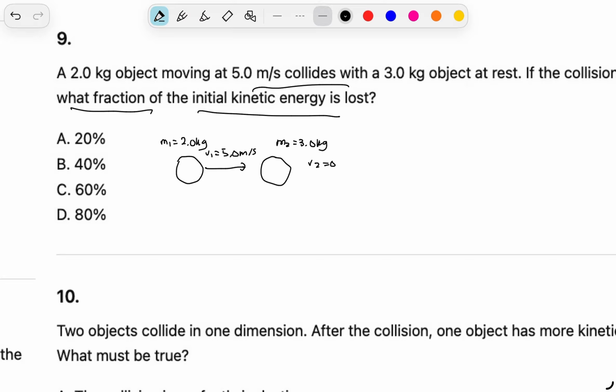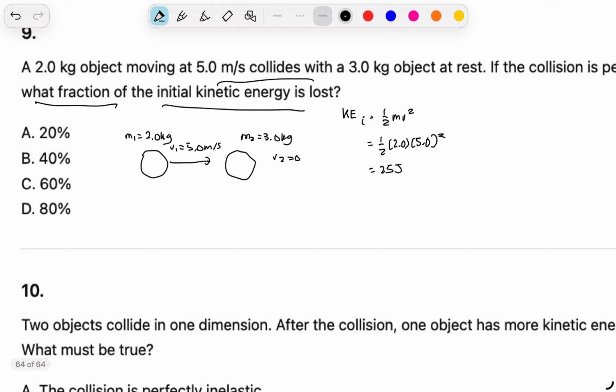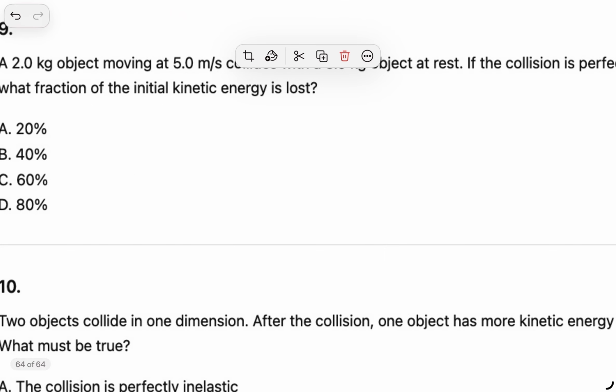So you can calculate your initial kinetic energy. It's 25 joules you had initially.